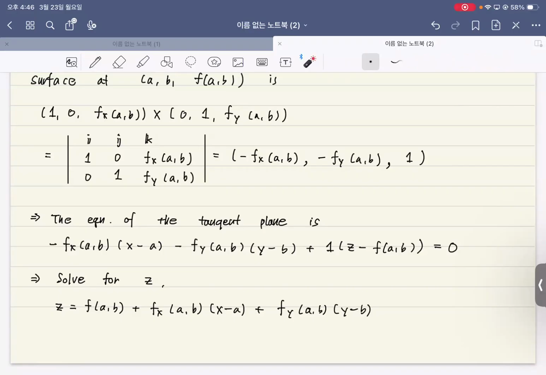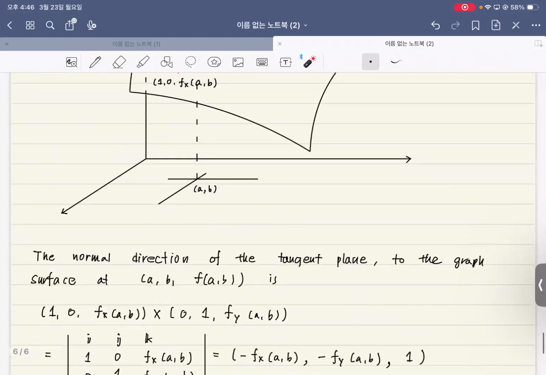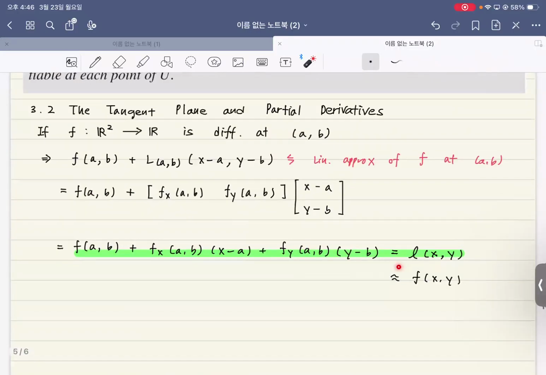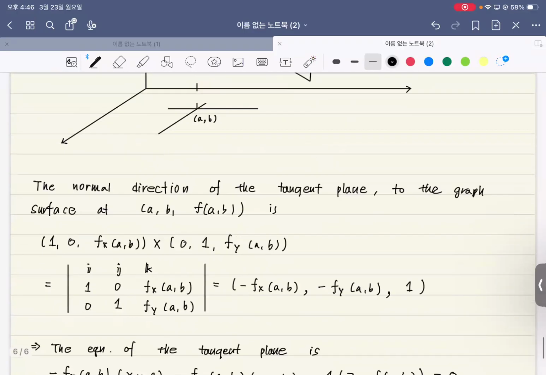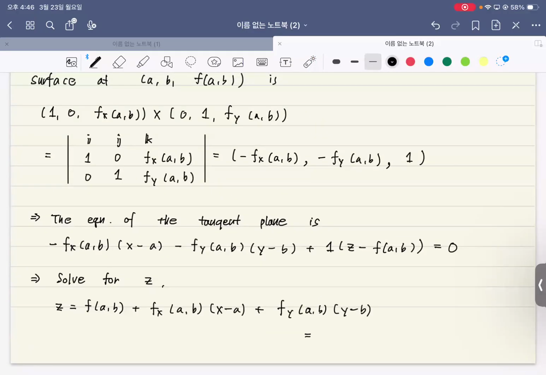Okay. Now I want you to compare this with this small l. They are exactly the same thing, right? So this is L(x, y).